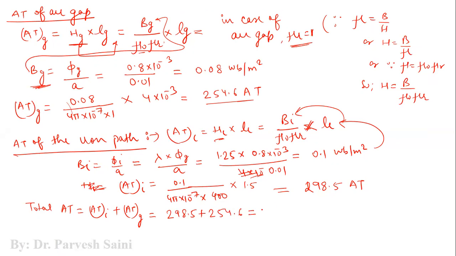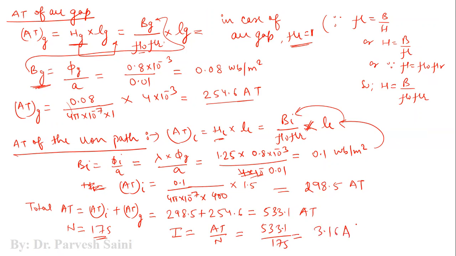So this is equal to 533.1 ampere turns. Now N, the number of turns of the coil, is 175. So we can calculate I, which is equal to the ampere turns divided by N. So 533.1 divided by 175 is equal to 3.16 ampere. So this is the value of the magnetizing current.